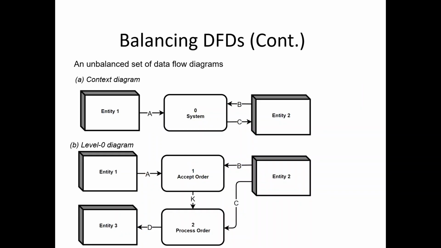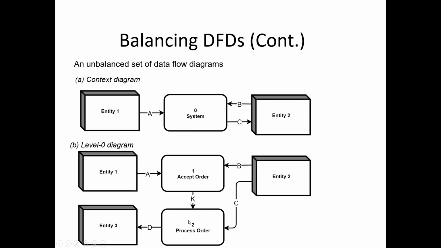We have an example of unbalanced data flow diagrams. We have a context diagram, and then we have the corresponding level 0 diagram. In the context diagram, this system communicates with 2 external entities, entity 1 and entity 2. In the level 0 diagram, the system is decomposed into process 1 and process 2.